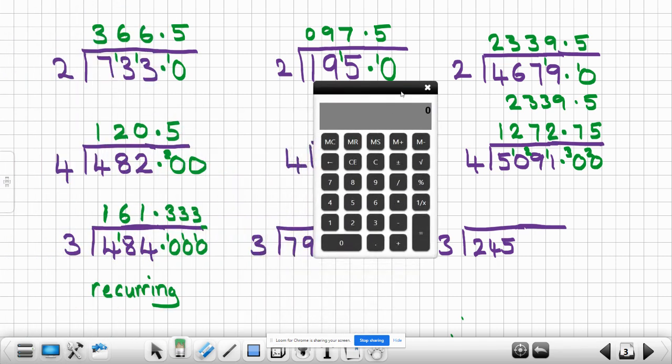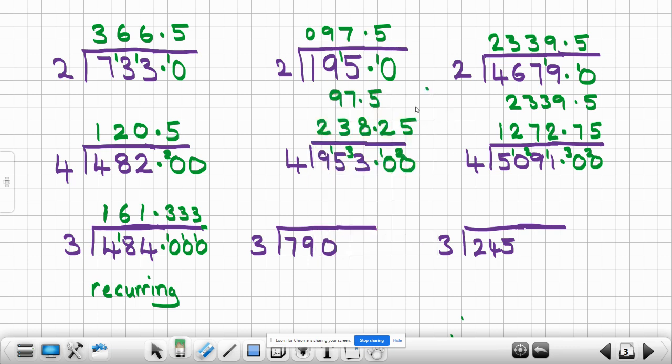But I'm sure at some point you will have seen this where you've tried to divide a number by 3. And what we end up with is this recurring number. And so you just have to go long enough with your division until you know that that's just going to keep happening. Brilliant. So if you feel confident, have a go at the next 2.